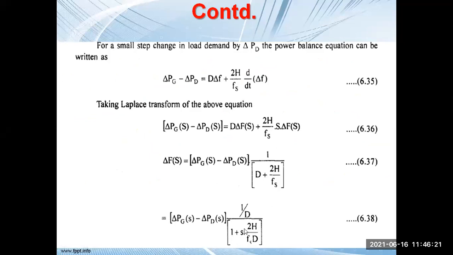Okay, so you see this is a derivation: d plus twice H. Here, instead of that, we are taking the per unit, so this will be twice H. So when we are doing this calculation, we have to keep in mind this will be in per unit.